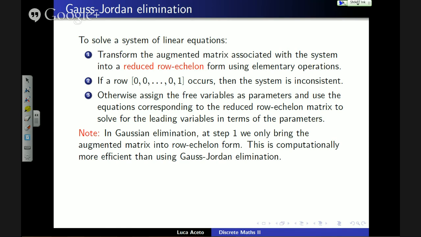If the number of leading ones is the same as the number of variables, there is only one solution. If the number of leading ones is smaller than the number of variables, then there are free variables, so there are infinitely many solutions. And the set of solutions can be described as a function of the free variables.